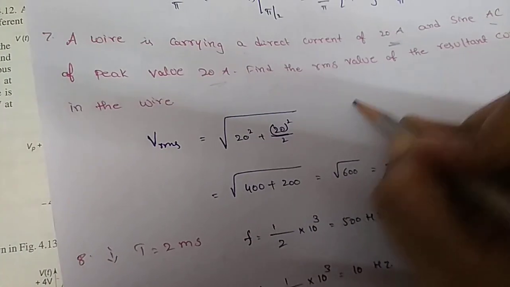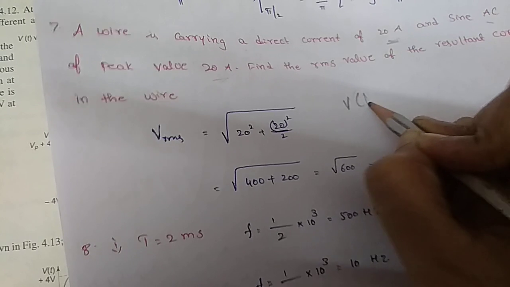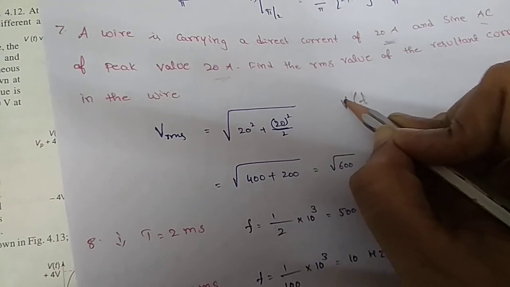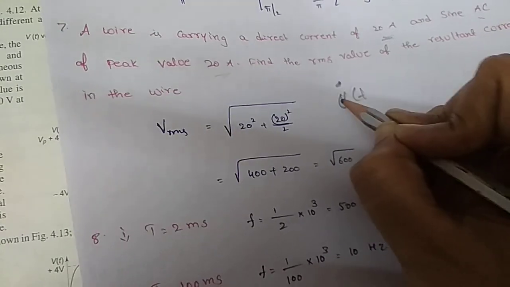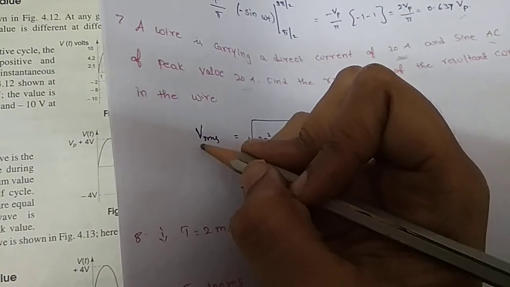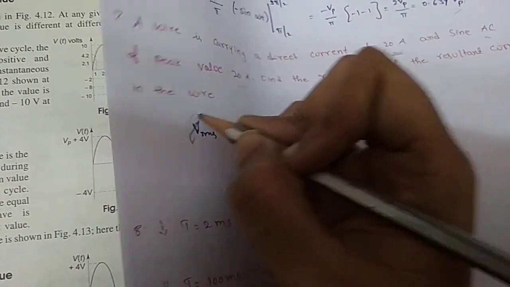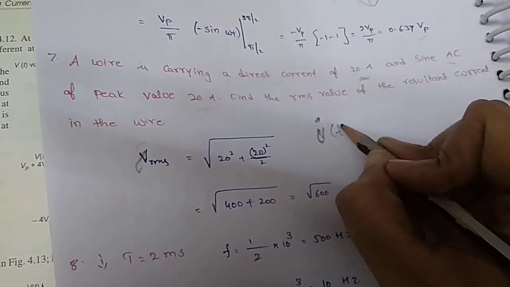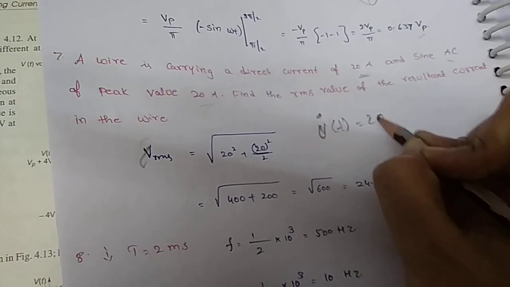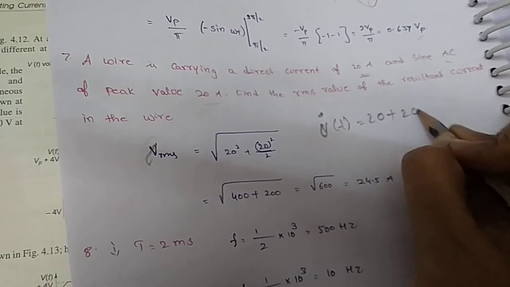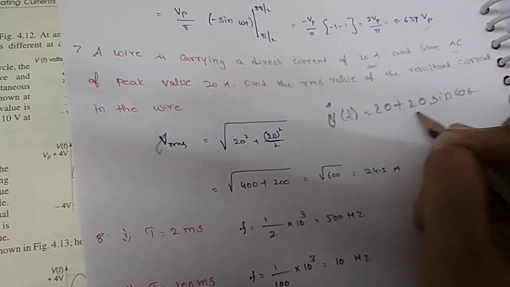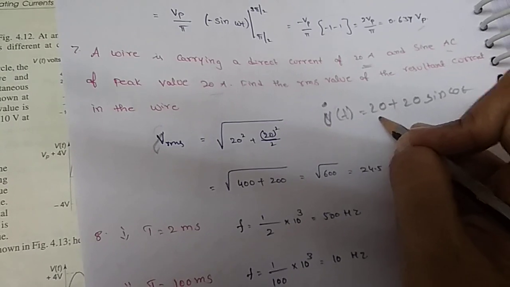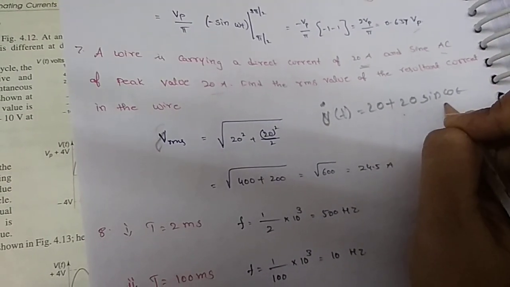Sorry, it is the current. So the representation of the waveform will be 20 plus 20 sin omega t.